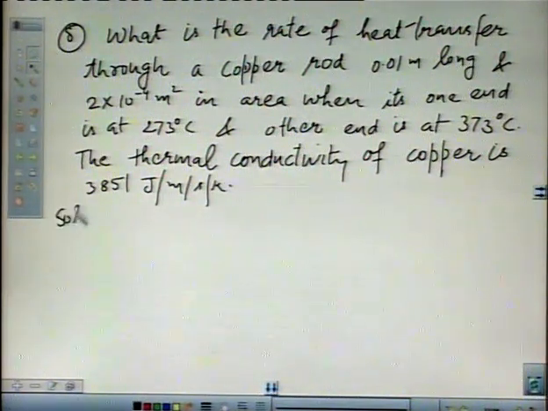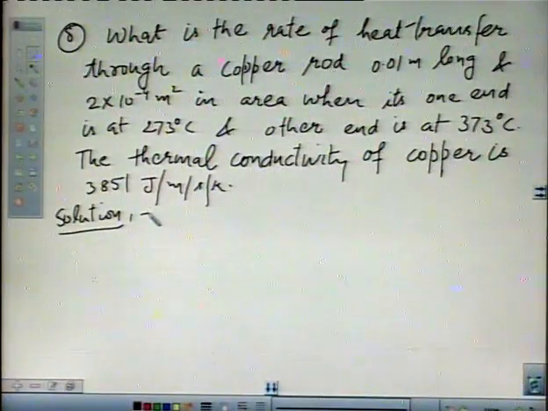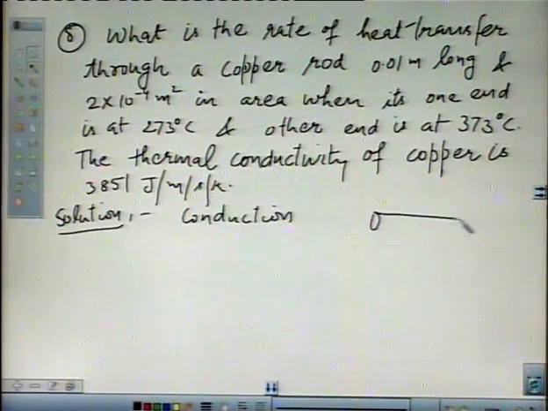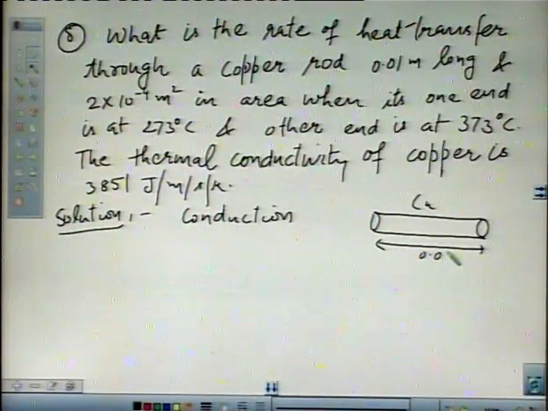So we have to find its solution. Now we know that heat is transferred in metals by conduction. We are given a rod which is made up of copper material. The length of the rod is 0.01 meter. So this is the distance between two ends.